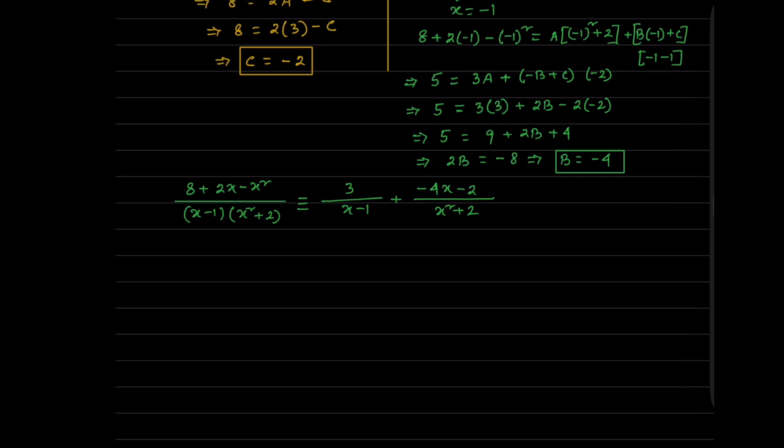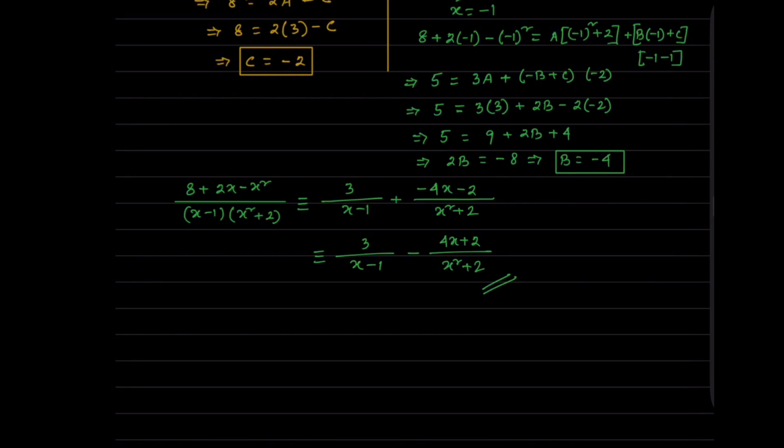Or finally we can modify this to identical to 3 by x minus 1, and then we take the minus common, so minus 4x plus 2 divided by x square plus 2. So that is your answer.